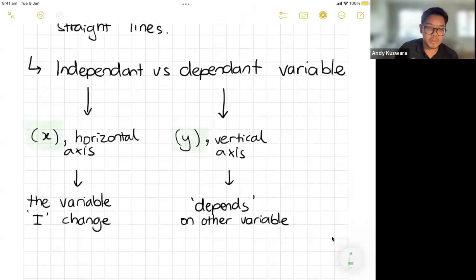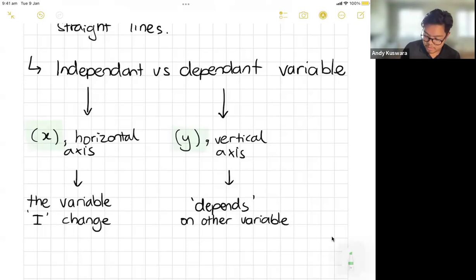Think about it as the variable that I change. So independent, I change it. And then your dependent variable, which is your Y, which is your vertical axis, depends on the other variable that you change. So it's dependent.